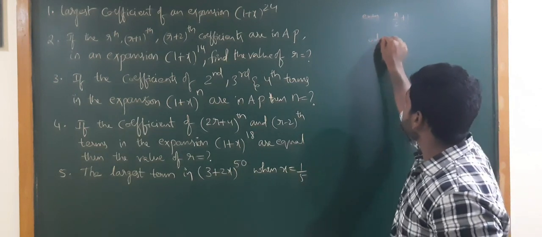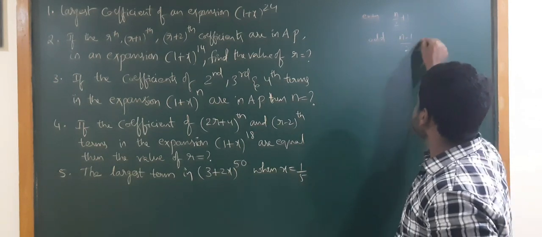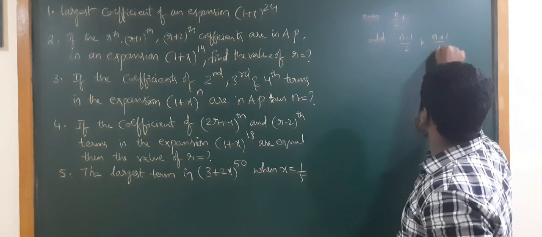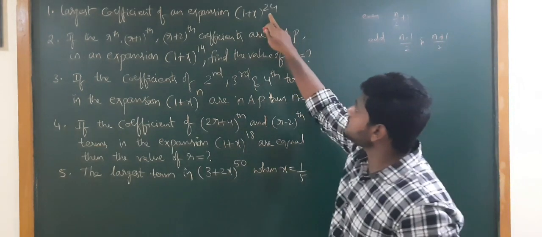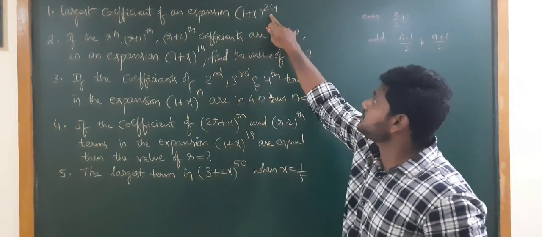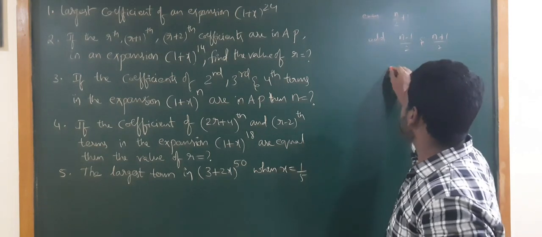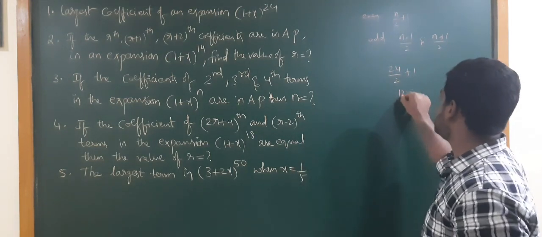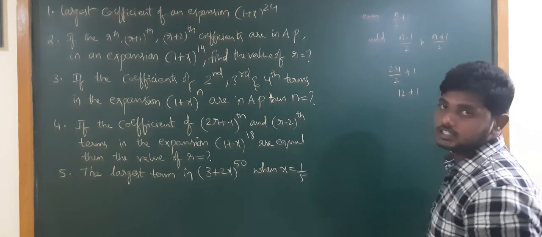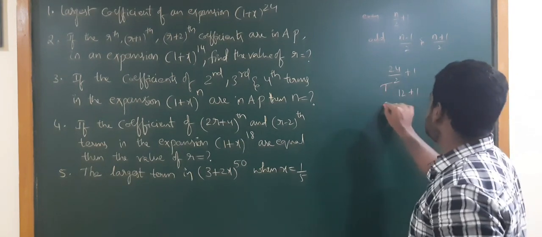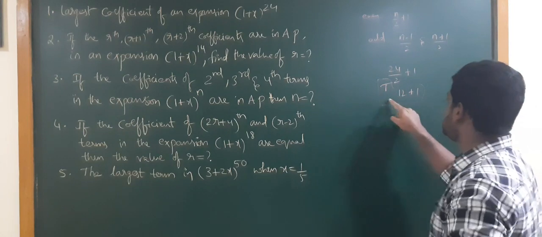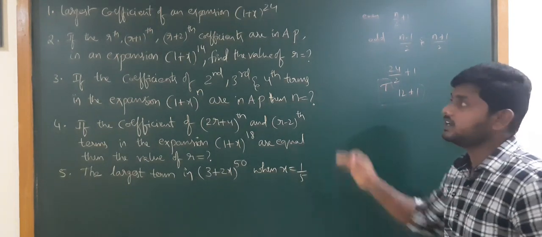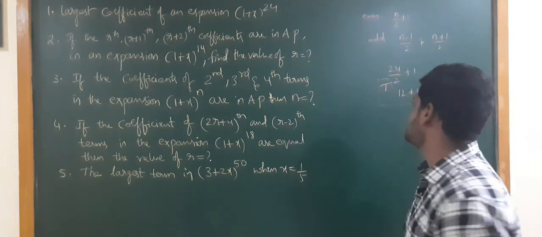If odd, it means n minus 1 by 2 and n plus 1 by 2. So as it is even, 24 by 2 plus 1, nothing but 12 plus 1, the 12 plus 1th term we need to find. So T12 plus 1. In this term, we will get the largest coefficient.